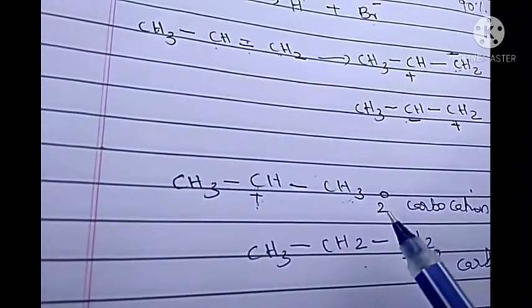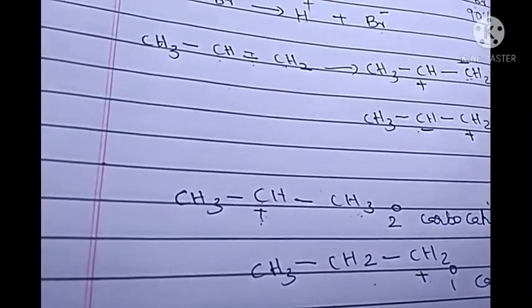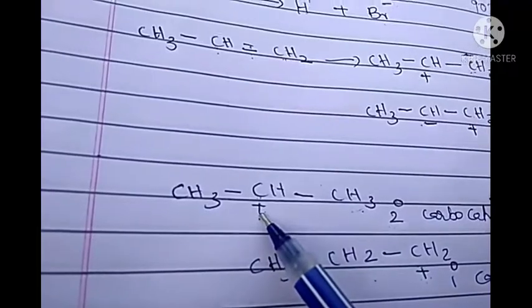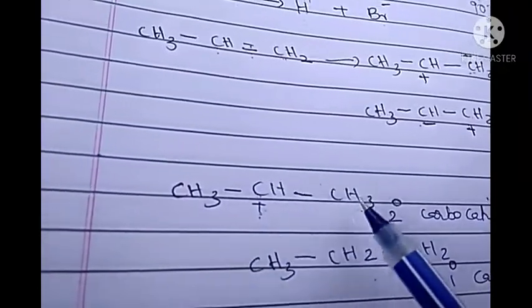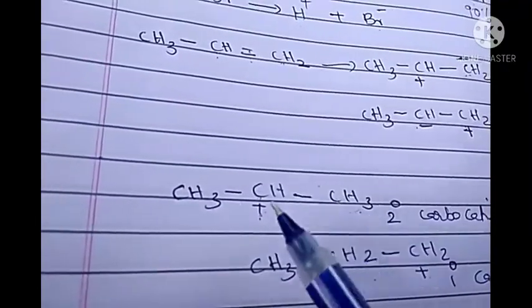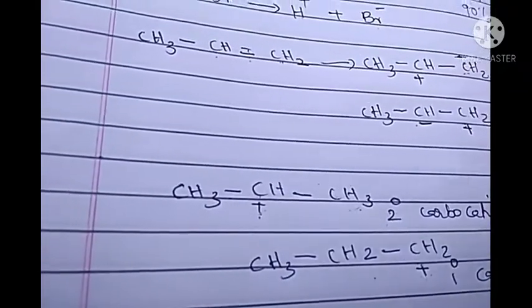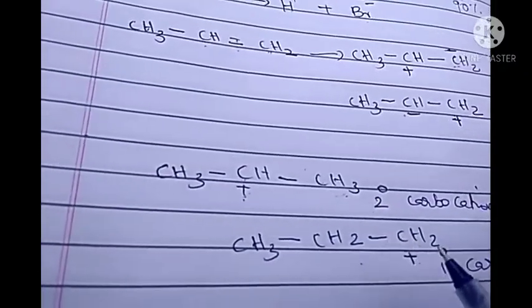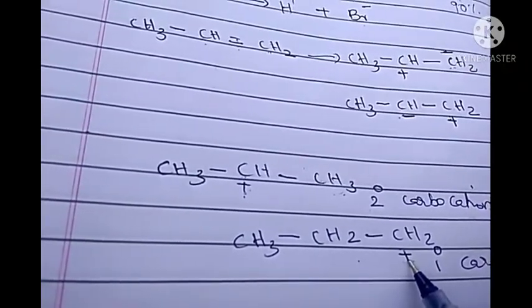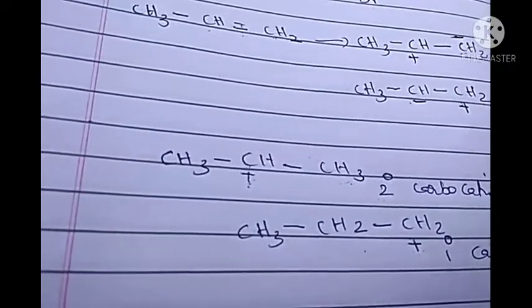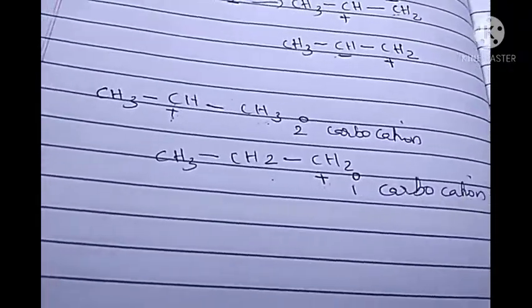Such a cation is called a secondary carbocation. And here the carbon atom with the positive charge is attached to only one other carbon atom, so it is called a primary carbocation.